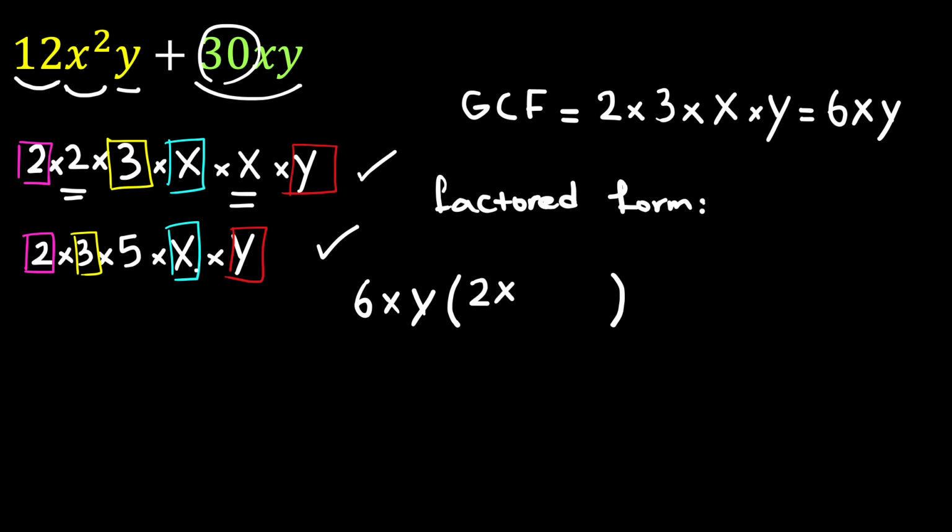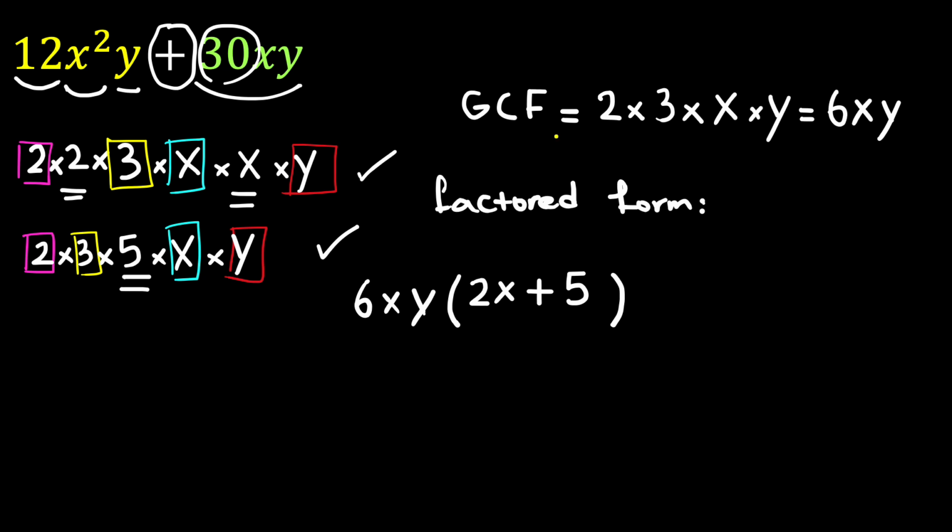For the second term, only 5 remains, so I write it here. For the sign between the two terms, I write the same sign, plus. So now we have 6xy, open parentheses, 2x plus 5, close parentheses. And this is our factored form.